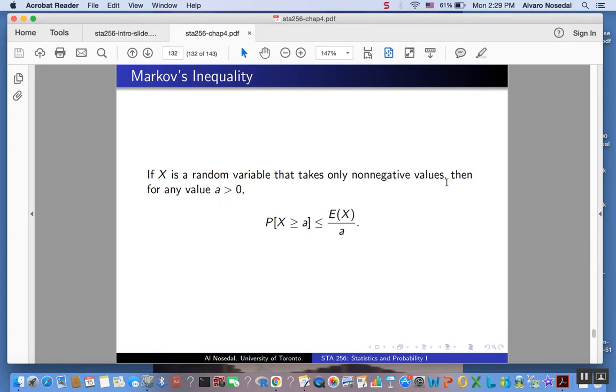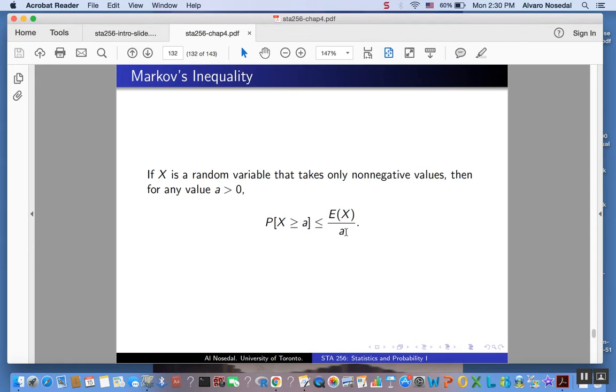So if we have one of those and we take a positive number a, then it turns out that the probability that X is greater or equal to a is less than or equal to the expected value of your random variable divided by the number a. Now, let me say something before we provide a proof.